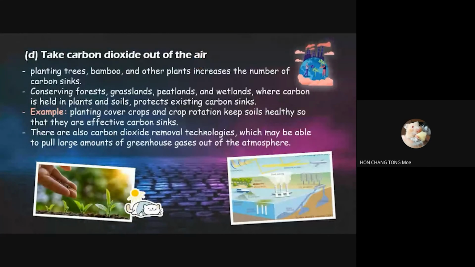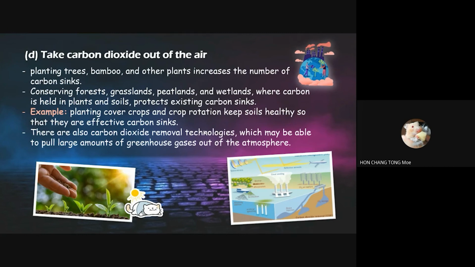Next, the fourth way is we can take carbon dioxide out of the air. Planting trees, bamboo, and other plants increases the number of carbon sinks. We can conserve forests, grasslands, peatlands, and wetlands, where carbon is held in the plants and soils.